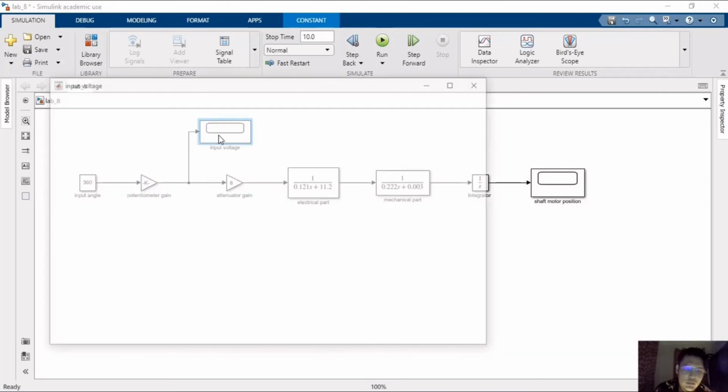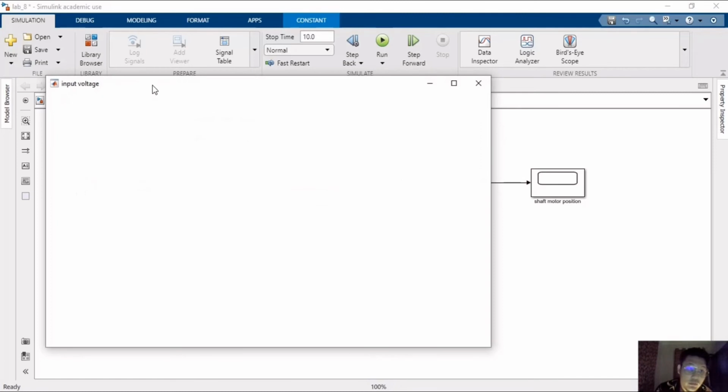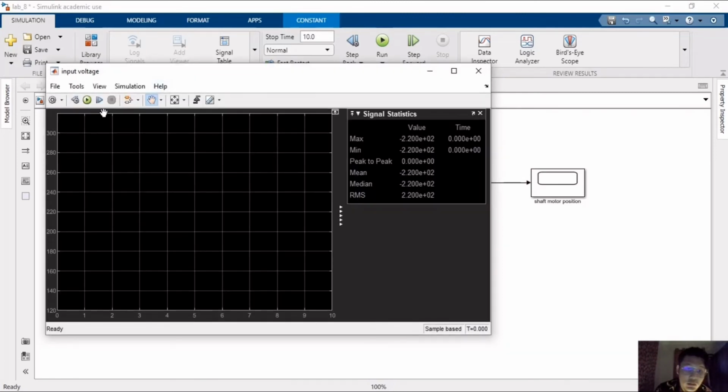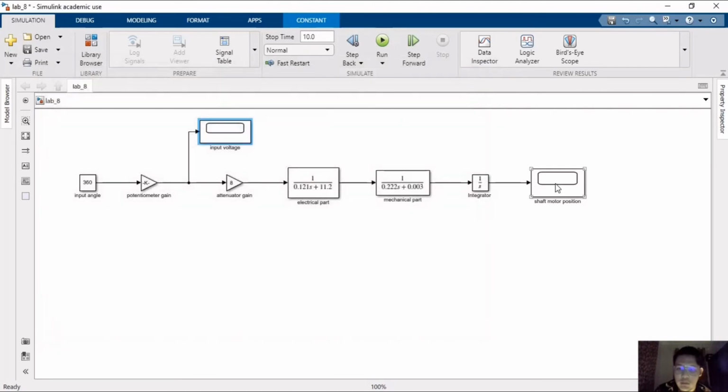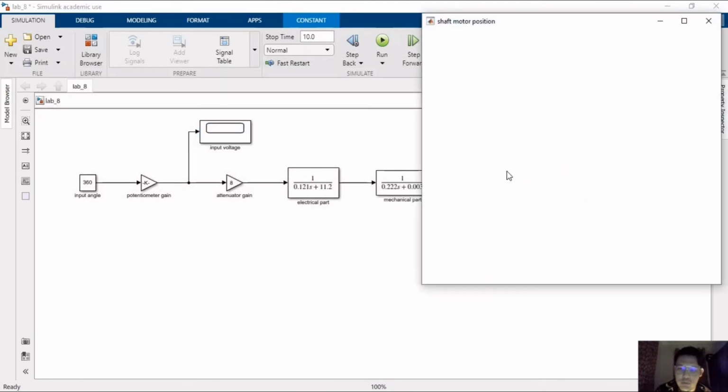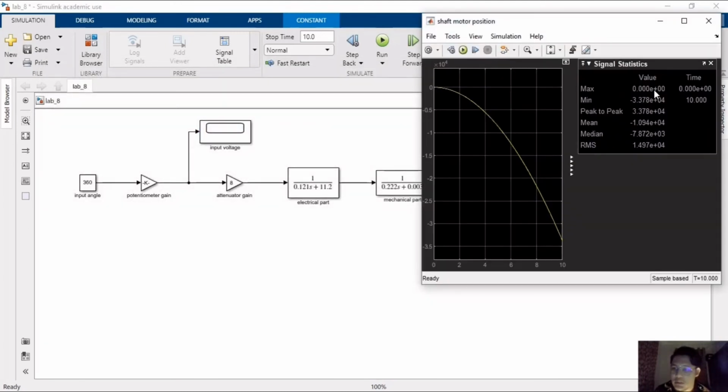As we can see, the input voltage becomes a negative value, which is negative 2.200. Also for the shaft motor position, the value becomes negative, which is negative 3.378.